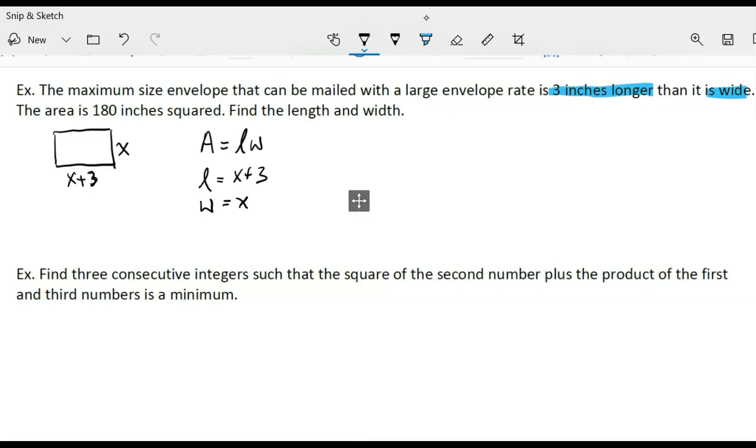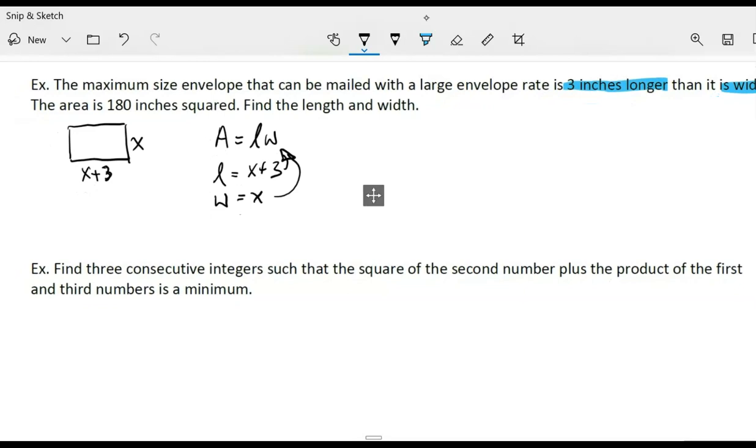And so putting both of these into the formula for the area gives us the area being x times x plus 3. And then they have also given us that the area is 180 square inches. And so we can substitute that in for A.